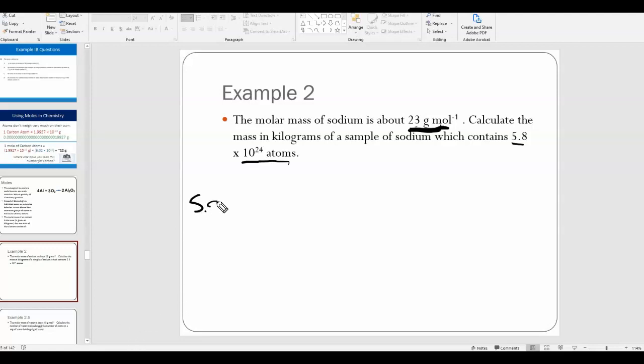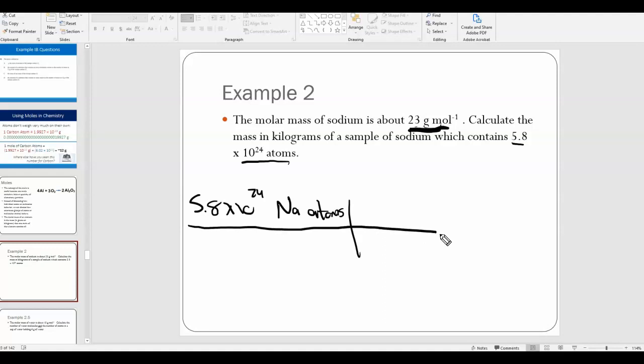So let's think about this. I have 5.8 times 10 to the 24 sodium atoms, so Na atoms. I know that 1 mole of anything has 6.02 times 10 to the 23 of that something.